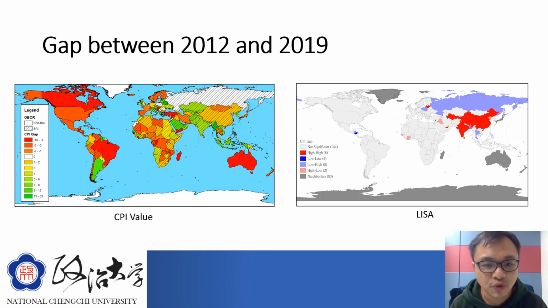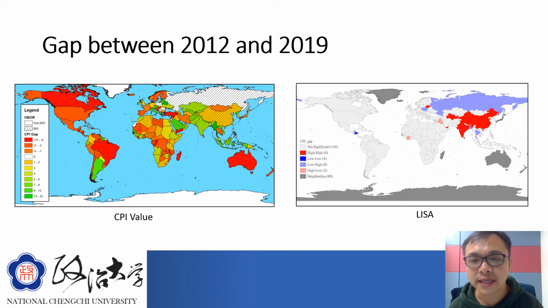Whereas Russia, it's 0. The corruption level doesn't change, so it's not surprising from the previous slide that Russia is being left out. Russia didn't catch up with its neighbors' improvement in anti-corruption.